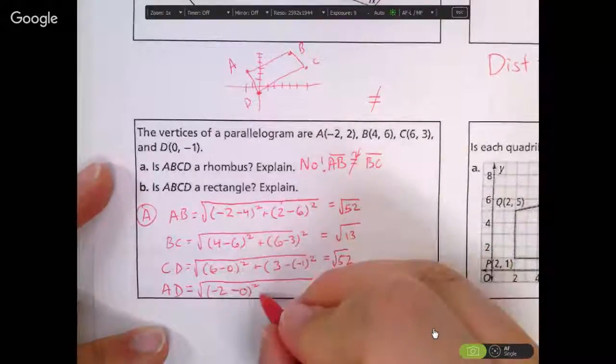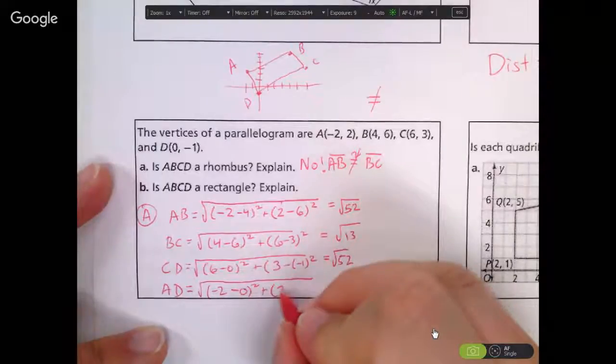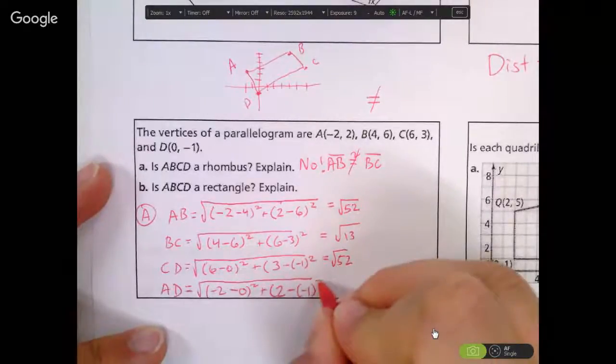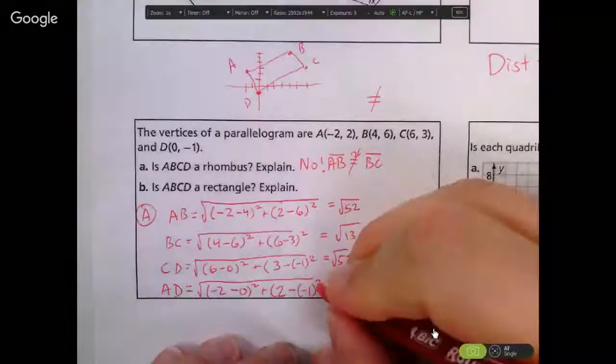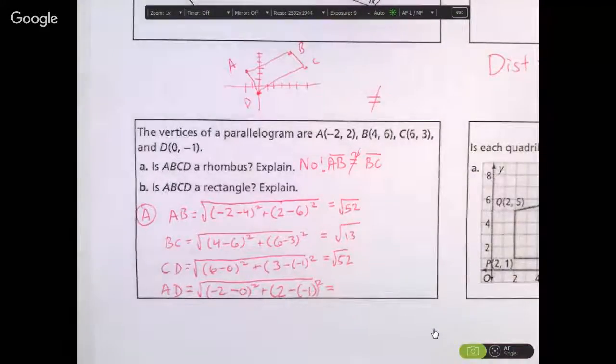Okay, so that's 4 plus 9, 13. Why can't we just put that?